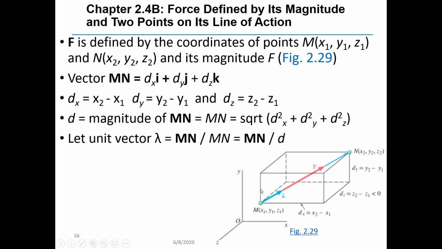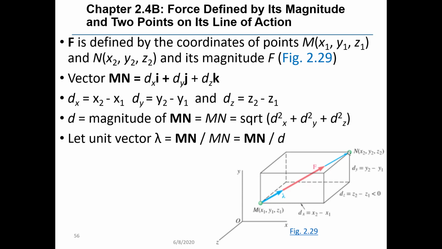We define vector MN equal to dx times i plus dy times j plus dz times k, where the values of dx, dy, and dz are respectively the differences in the coordinates between point N and point M.